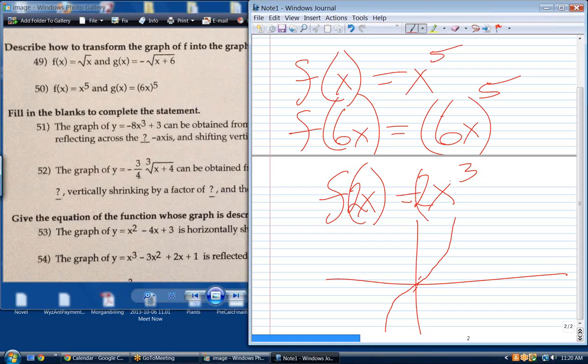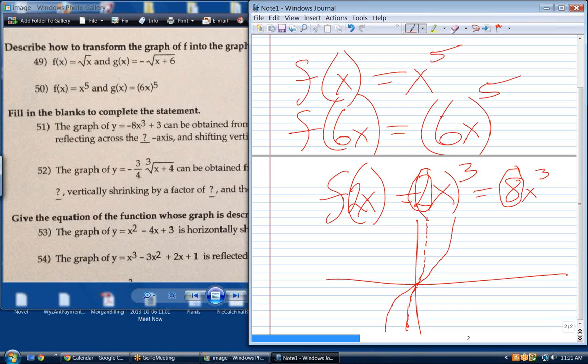So if I said the quantity 2x cubed, that 2 represents a shrink by a significant factor. Well, what is a horizontal shrink? It's kind of the same as a vertical stretch, because if I were to multiply this out, that's actually 8x cubed. So a horizontal shrink by a factor of 2 in this case is the same as a vertical stretch by a factor of 8.